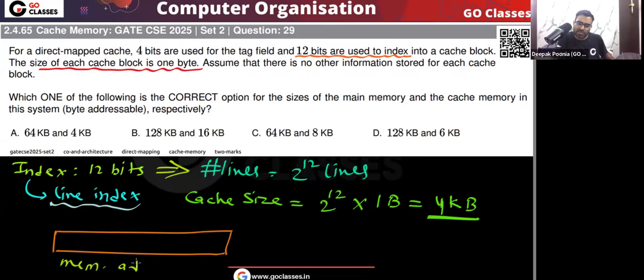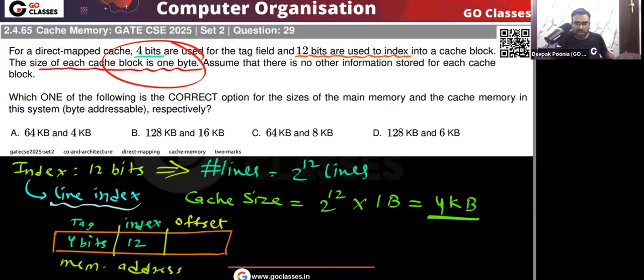For tag, 4 bits are required. For line index, the question has given that 12 bits are required. And what about offset? How many bits are required for offset? The block size is given, that is 1 byte.